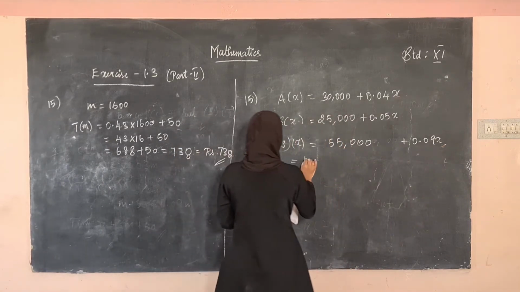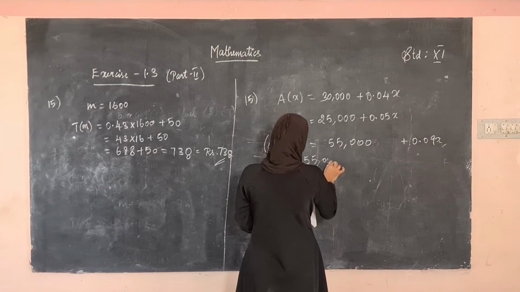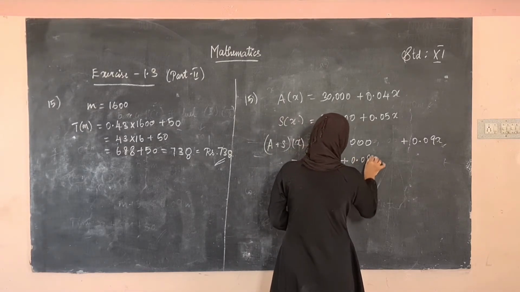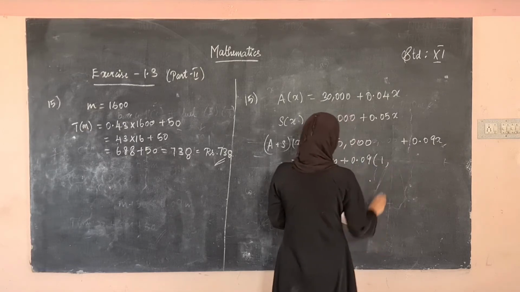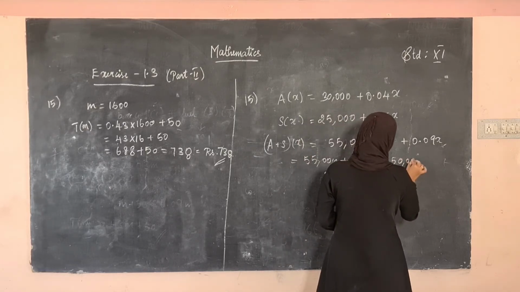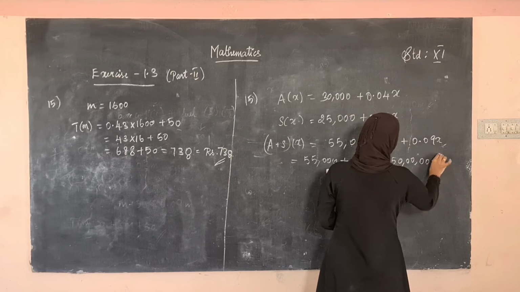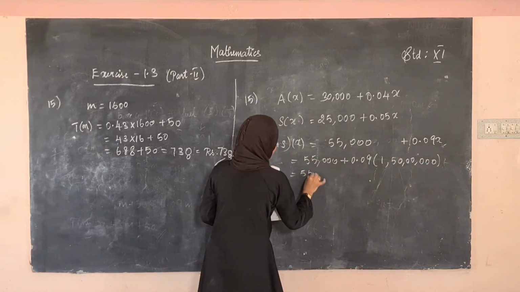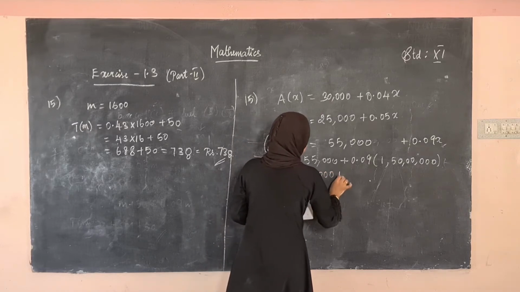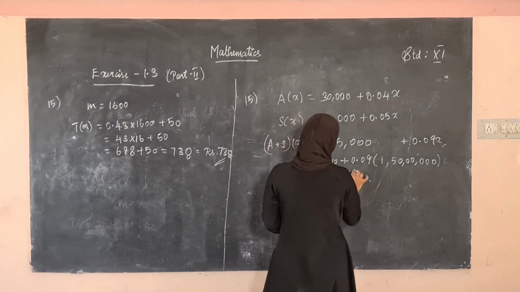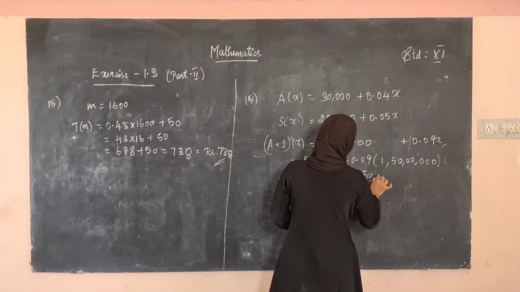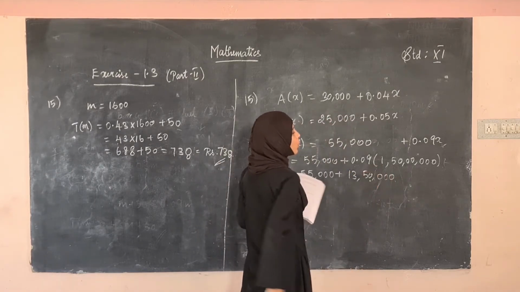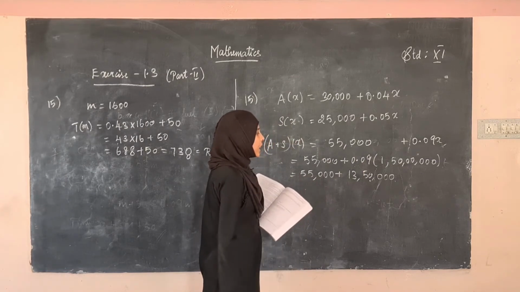The value is 55,000 plus 0.09 into 1 crore 50 lakh. If we multiply this, we get 55,000 plus 13 lakh 50,000.